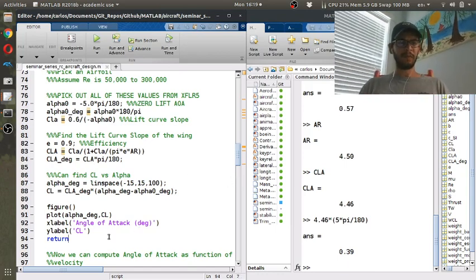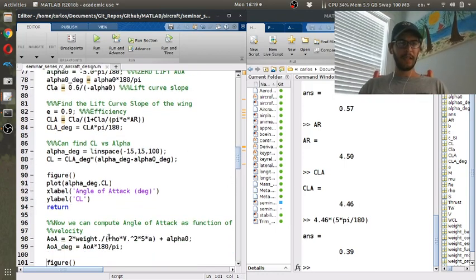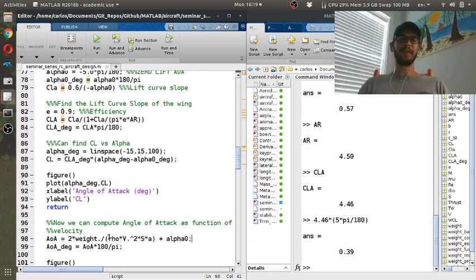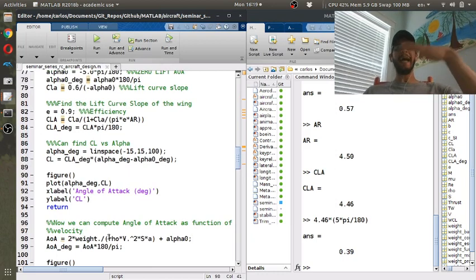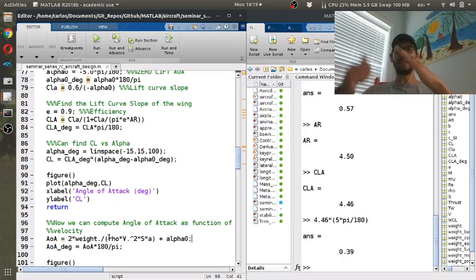Okay, so we've plotted lift versus angle of attack, and now we can compute angle of attack as a function of velocity. So this is an interesting thing, right? As I'm flying, I need lift to equal weight. If I am flying slowly, I'm not going to have a lot of lift, so I need to increase angle of attack to increase lift.